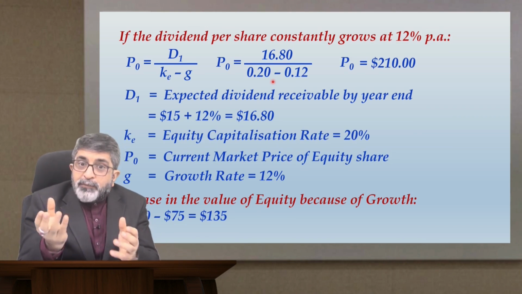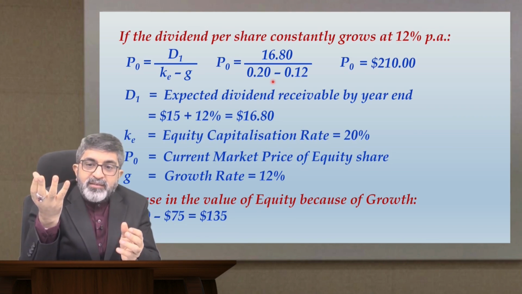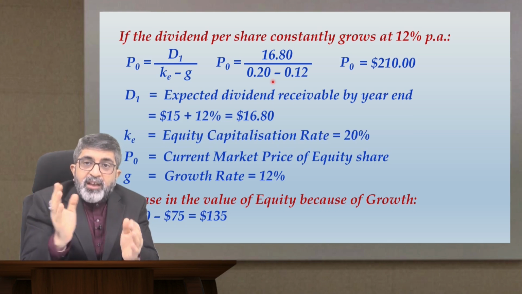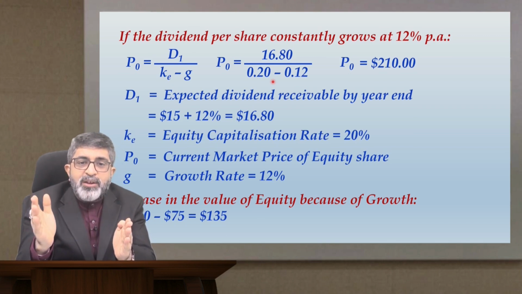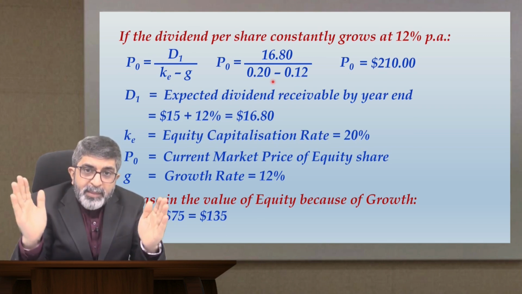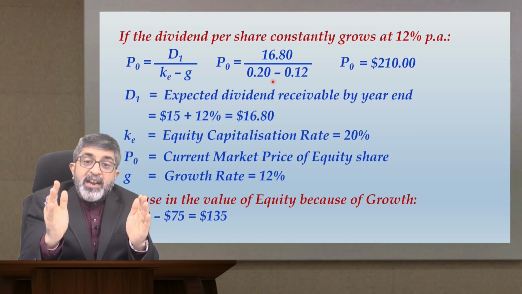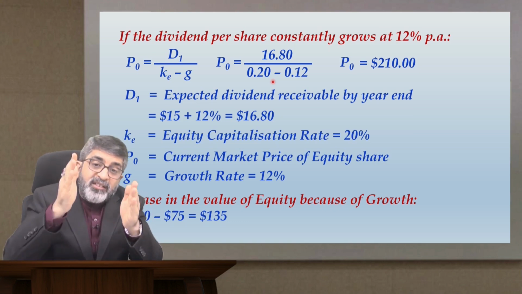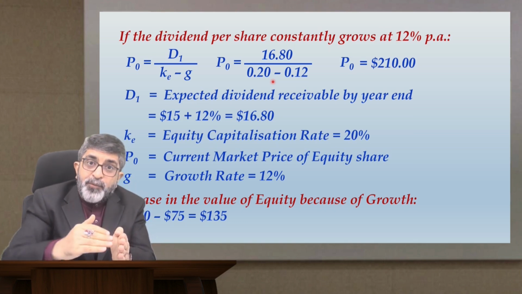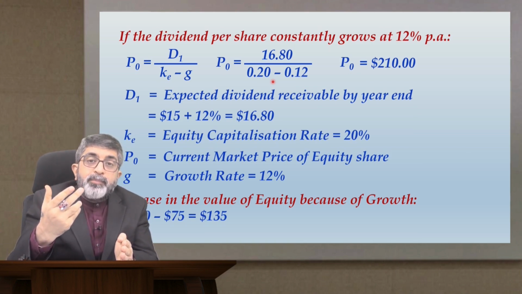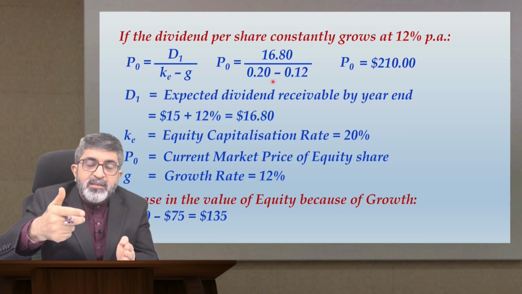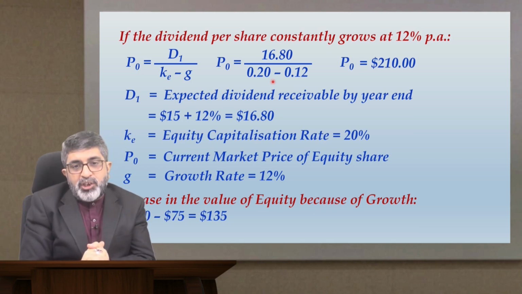Because if the growth rate rises, KE remaining same, the KE minus G value, which indicates dividend yield rate, will become smaller. If the dividend yield rate becomes smaller, with that smaller rate of dividend yield, if you are getting $16.8 or whatever dividend, then you capitalize that, you get much higher value of the share.